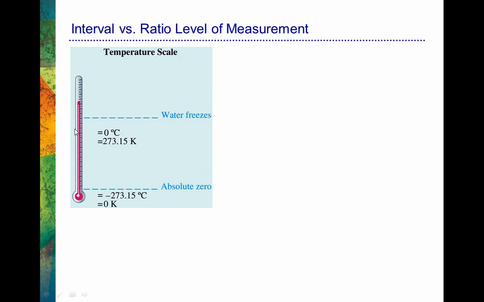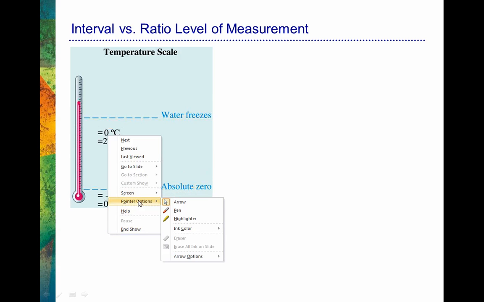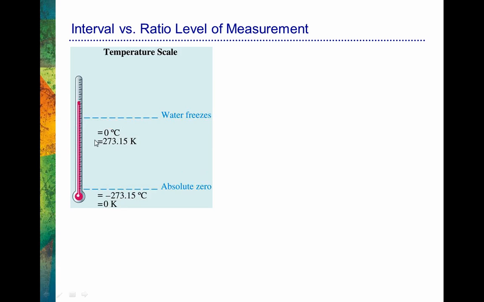So let's say we had 20 degrees Celsius. Let me try to make some marks here. Let's say we had 20 degrees Celsius, and let's say that was right about here. And then let's say I was comparing that with 40 degrees Celsius, and let's say that's right about here. I'm just arbitrarily picking some spots.